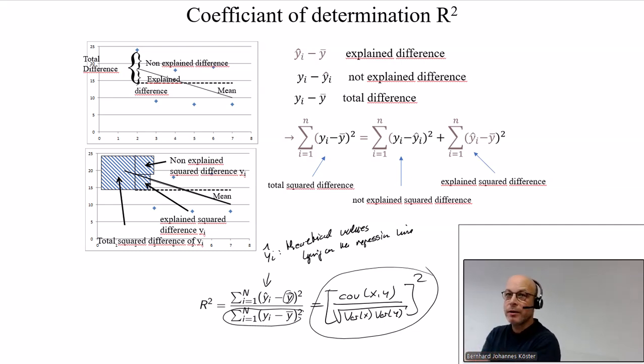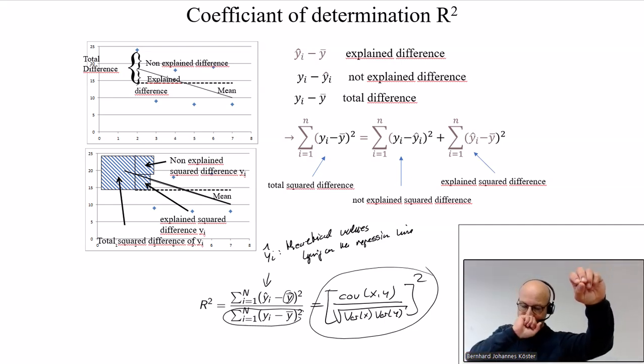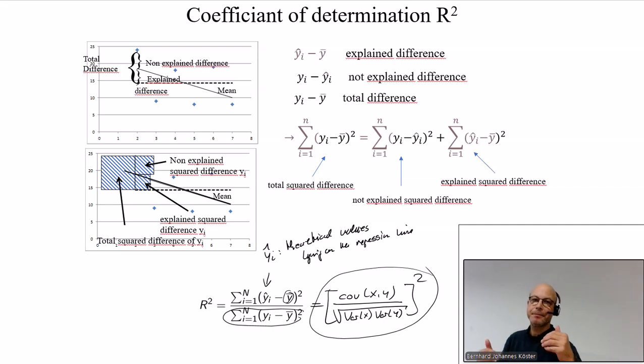And if it's 1, all data points are lying on the linear line, then of course I can say I have a one-to-one match. I can explain 100% of this dependence.